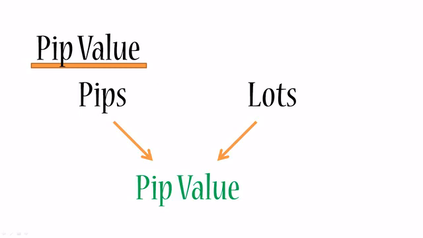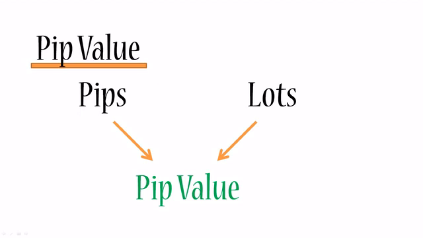It is important to understand that pip value is not just a function of the currency pair that you're looking at. Pip value depends on the number of pips the currency pair has moved and also on the volume of your transaction. So if you enter into a transaction with a higher number of lots, then your pip value will be higher. If you enter with a lower number of lots, your pip value will be lower.